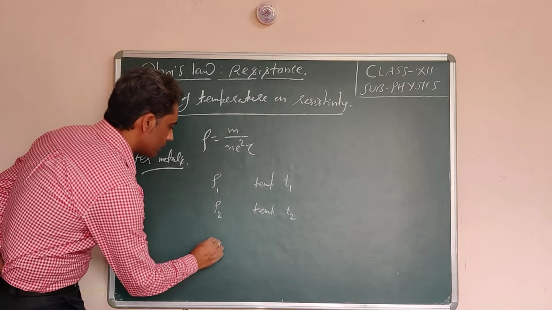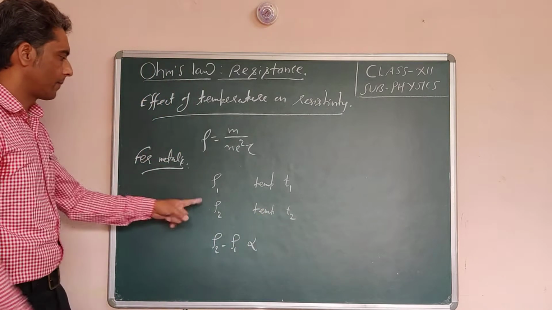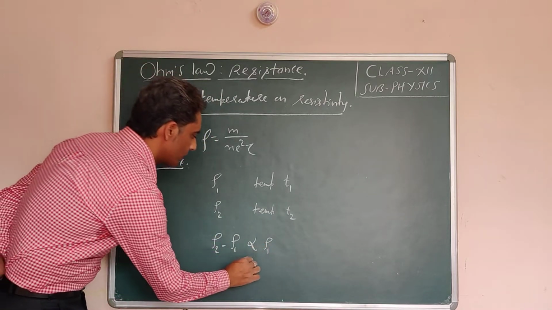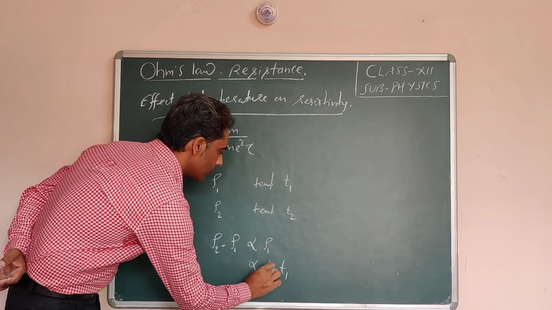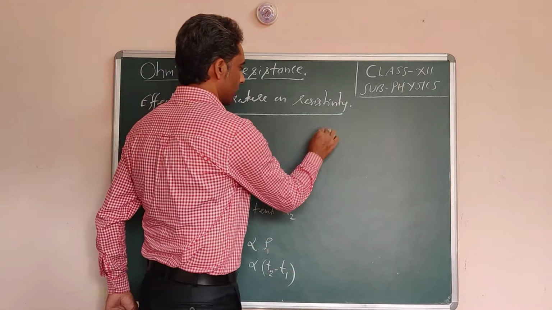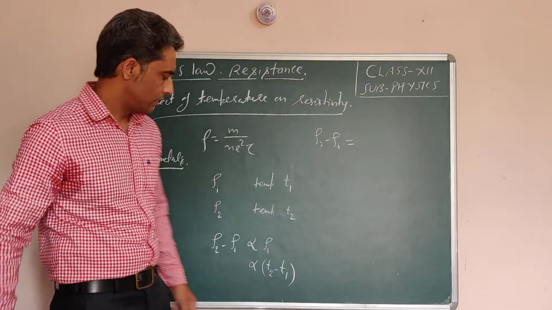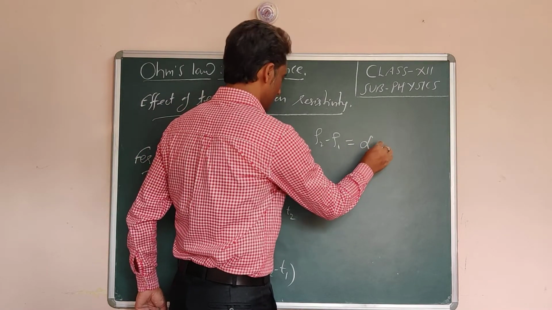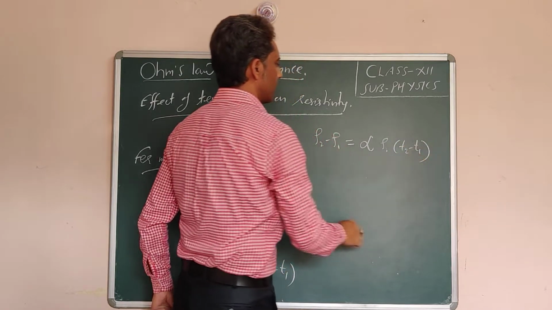Now this increase in resistivity is proportional to the initial resistivity, and also proportional to the rise in temperature. So we can write ρ2 minus ρ1 is equal to some constant, that constant is alpha, times ρ1 times (T2 minus T1).